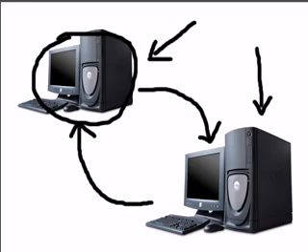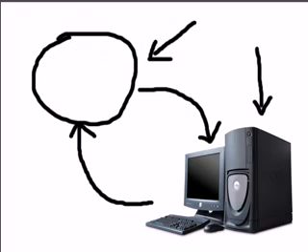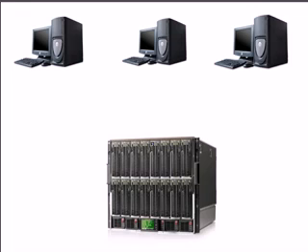Another thing that you're going to see a lot is something called a server. Now what a server is, pretty much, it offers a lot of different users access to the same information. So for example, if you have 3 different workstations right here, you can have a server so that all of these workstations can have access to this data.